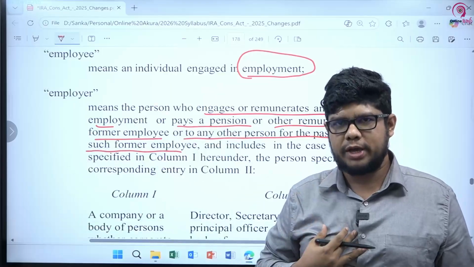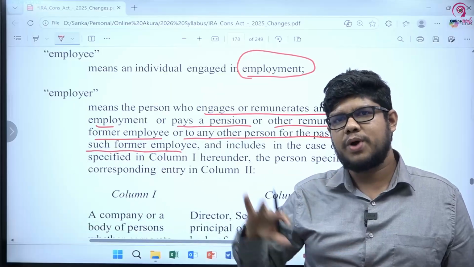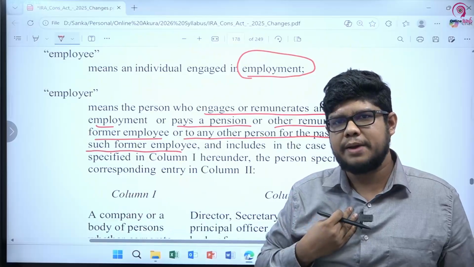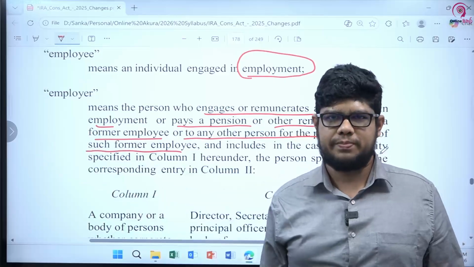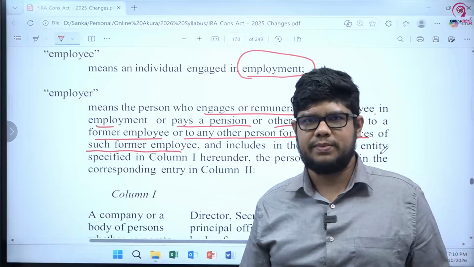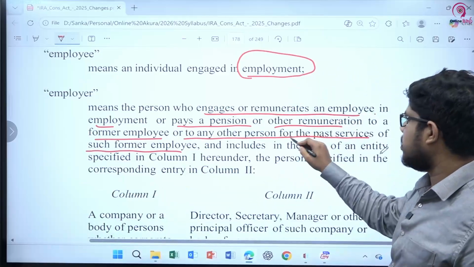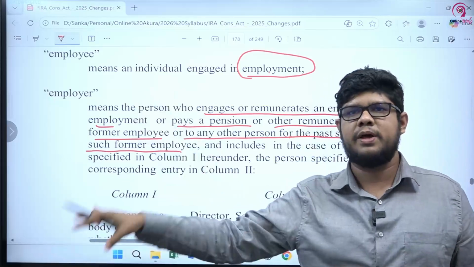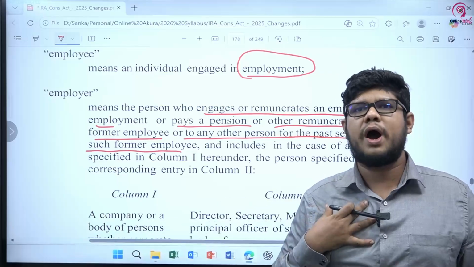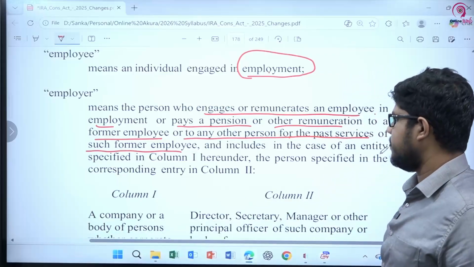You had an employee, now he resigned. However, after he resigned, as employer, you pay his child's school fee even after resignation. So that's also covered under employer. If you are paying his child's school fee, then you are an employer, right?